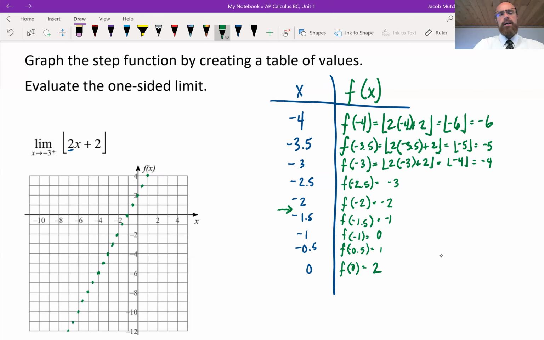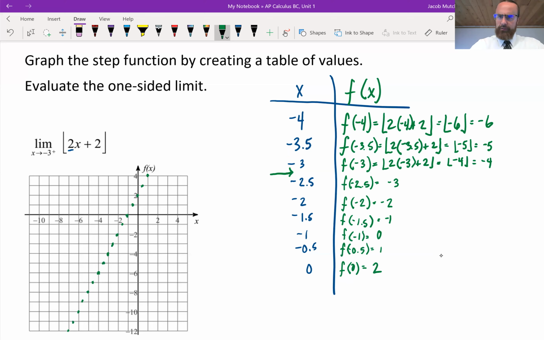Why did I choose that side of -2? I'm sorry, let me back up. I'm thinking about the last problem. We're looking at -3. So I'm really wanting to calculate in between -3 and -2.5. So why didn't I go between -3 and -3.5? Well, I am calculating a limit from the right-hand side.